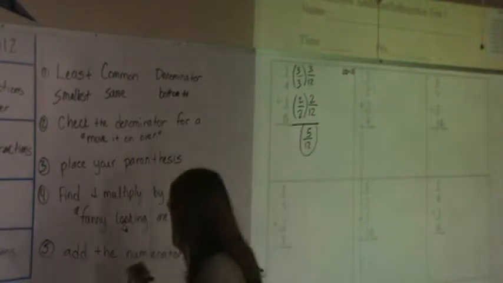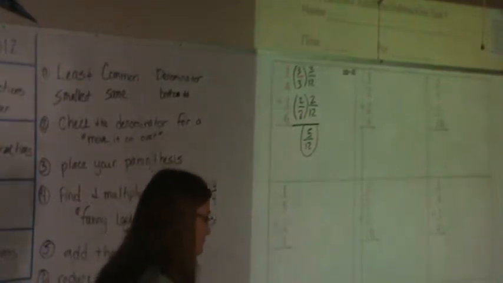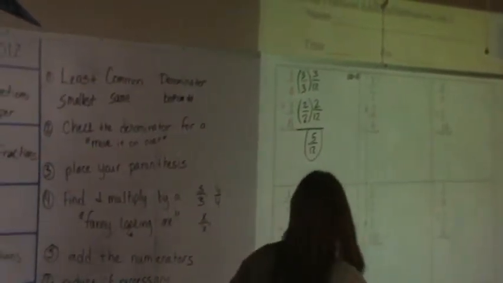And on this one we don't reduce, but step number 6 is going to be reduce if necessary. Yeah, probably teachers in the past said if possible. Reduce if necessary. Okay, we're going on to the second problem. We're starting with our step number 1 again.